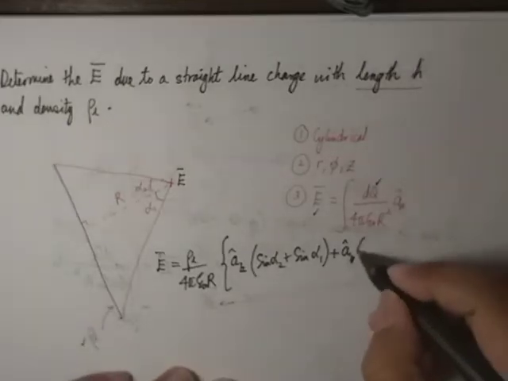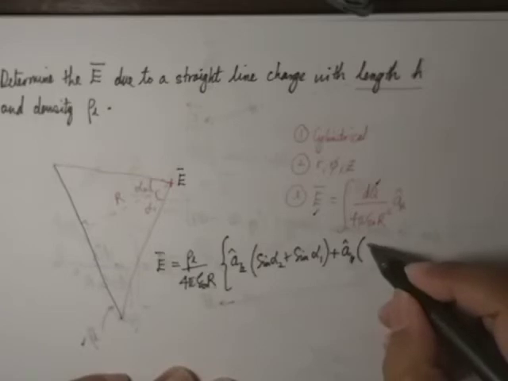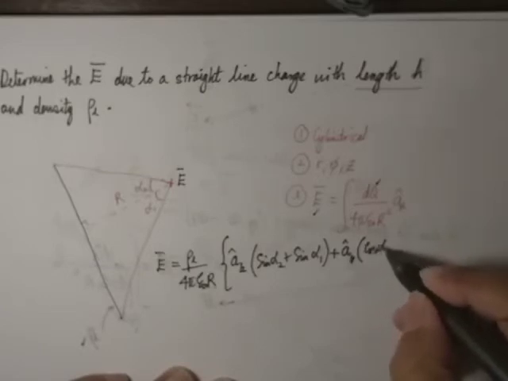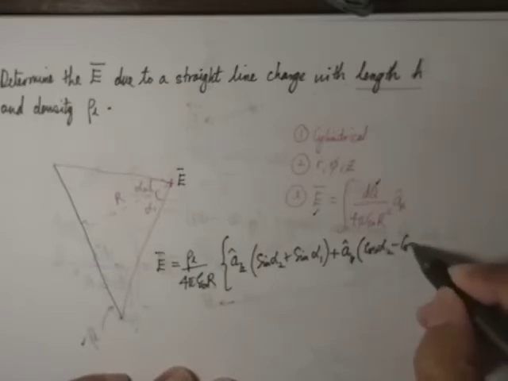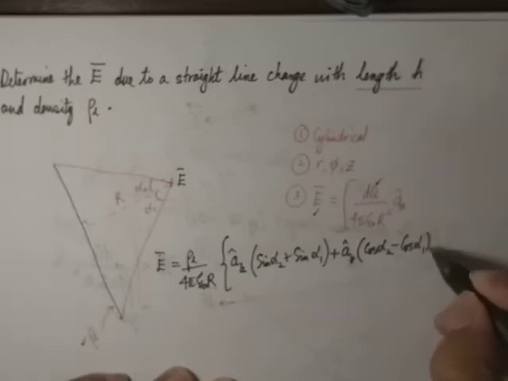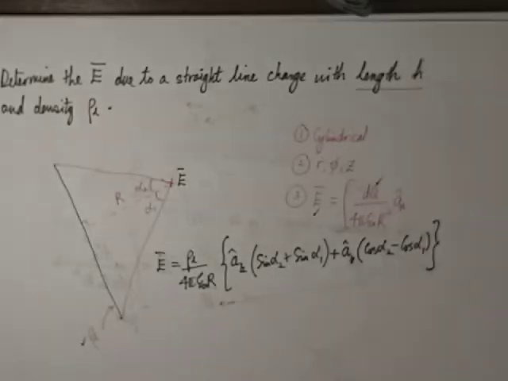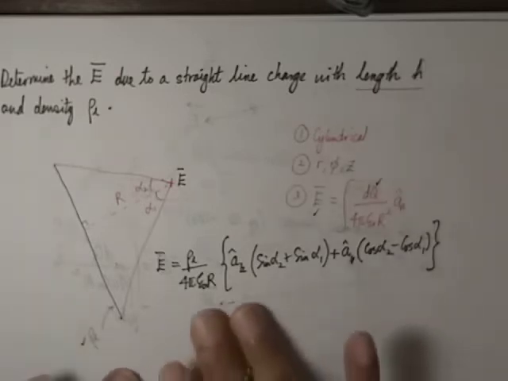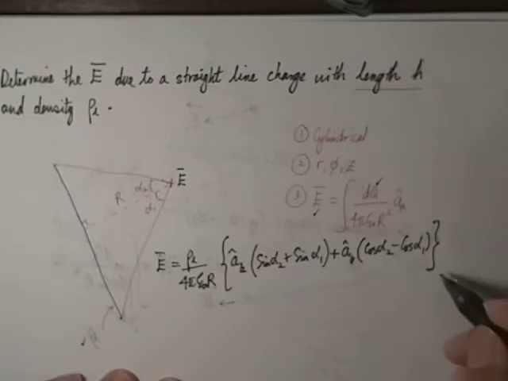Apart from that, everything remains the same: cos alpha 2 minus cos alpha 1. So that should be the more general solution for the E due to a line charge at any position. You have to adapt it slightly so we can use this equation. So life becomes easier.